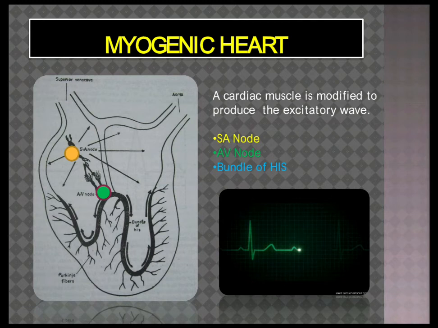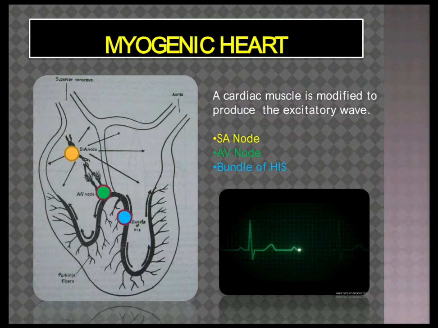Now this is a great bundle of nerves which are formed again from the modification of the cardiac muscles. And now these are conducting the impulses which are made by the sinoatrial node or the SA node. So we have the third part as the bundle of His.